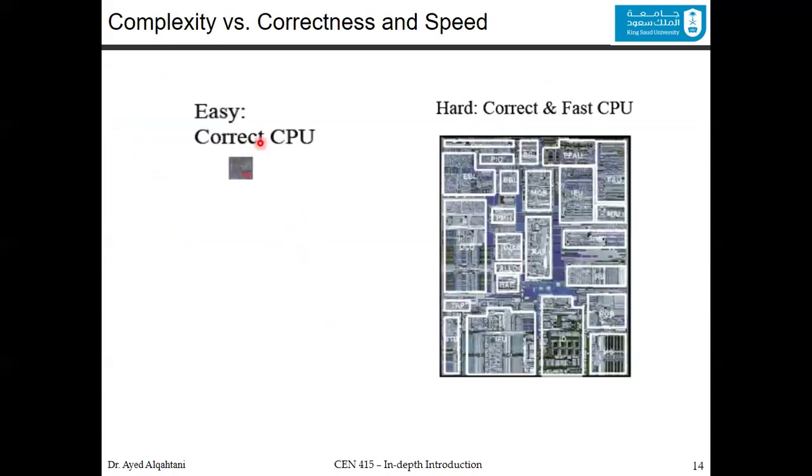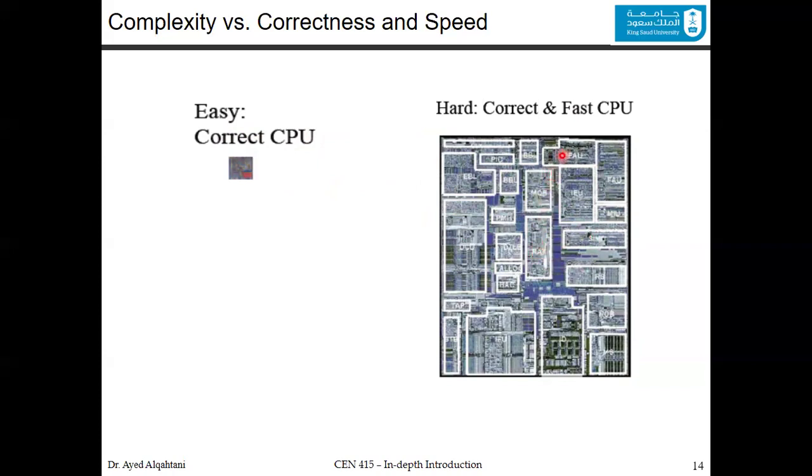So, for example, you have complexity versus correctness and speed in those two examples. This one would be easy because it's small. This one could be hard, you think. However, both of them are correct. Maybe you would say this one will have more features because it's bigger. This design has many blocks. Each one of them has a specific job, and there is an interconnection between them to give you certain good information.